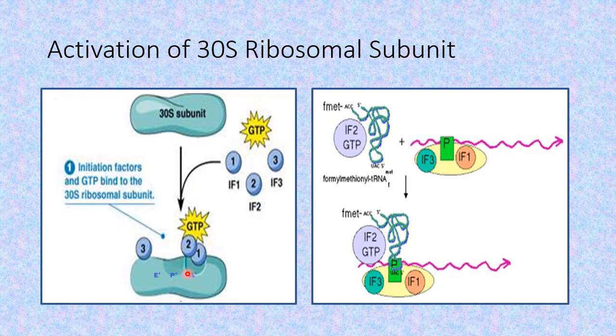Now we know that this messenger RNA is present, associated with this smaller subunit. In case of prokaryote, first this smaller subunit gets associated with the messenger RNA, and then your charged transfer RNA comes and occupies this peptidyl site.